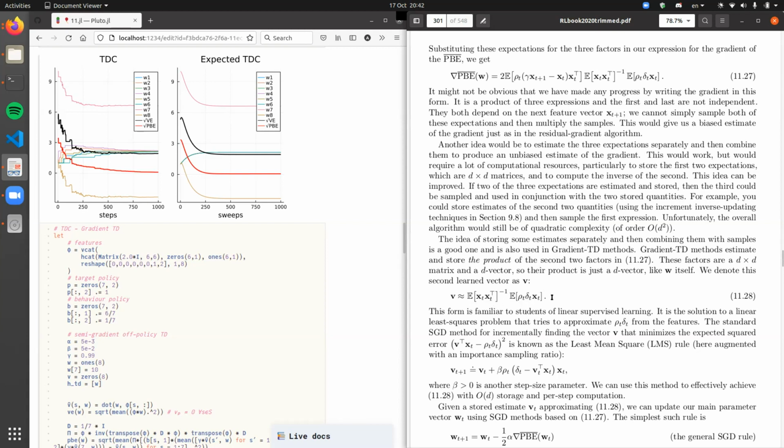This product of two expectations would be a vector of size d, so we want memory that is linear rather than quadratic in complexity.